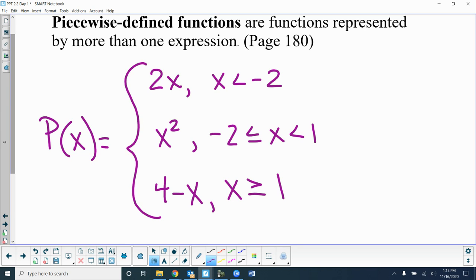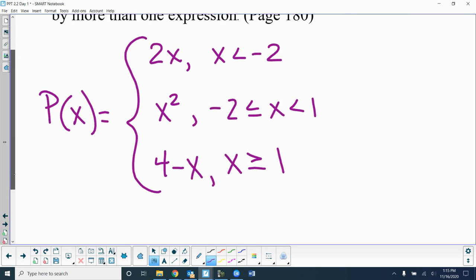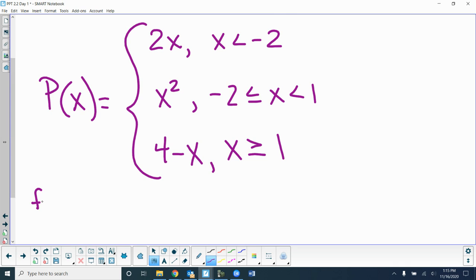So then they're going to ask you, well, what is P of 3 equal? So what piece does that belong to? The top, middle, or bottom? What do you guys think?